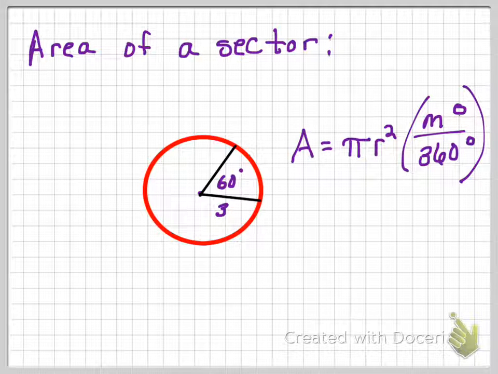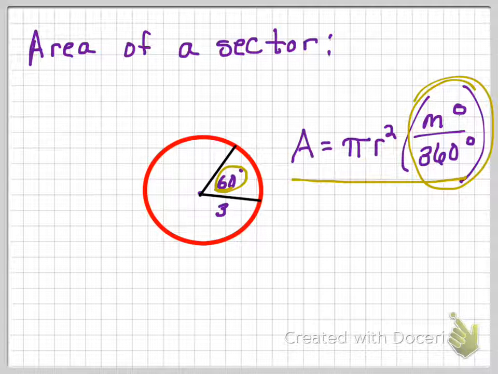So let's start with the area of a sector. We can find the area of a sector by taking a look at what fraction of the circle is the sector. In this case, you can see we have a 60-degree central angle. So our formula is A equals pi r squared, that's the area of the circle, multiplied by this fraction of the circle that we have.